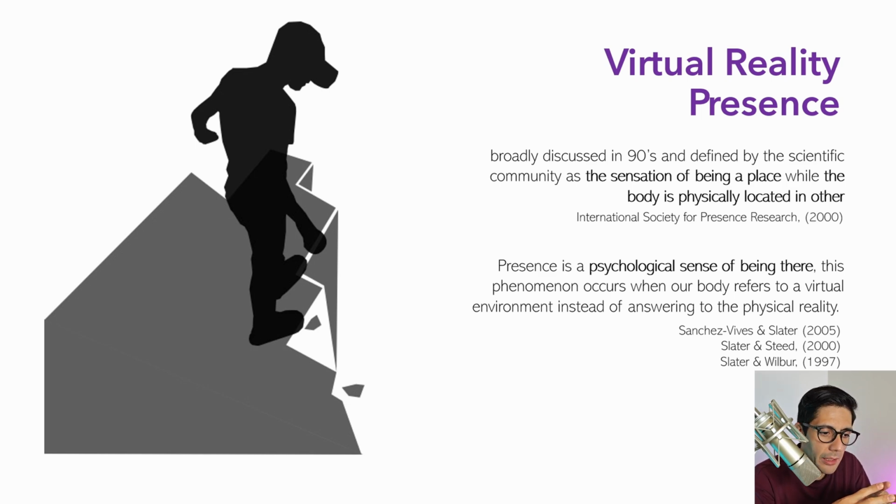But I like to use a lot this definition from Professor Slater, which says that presence is a psychological sense of being there. And this phenomenon occurs when our body actually responds to a virtual environment instead of responding to the physical reality.